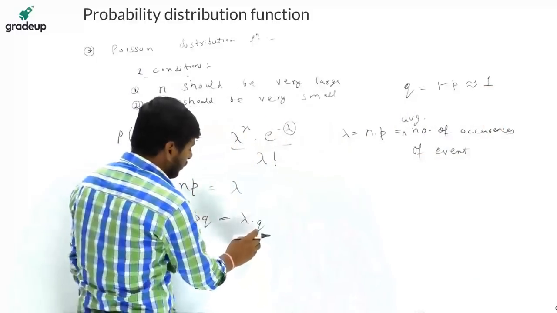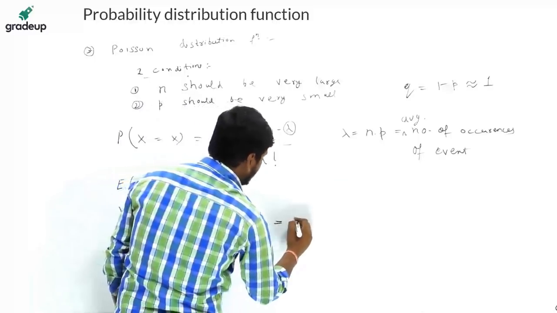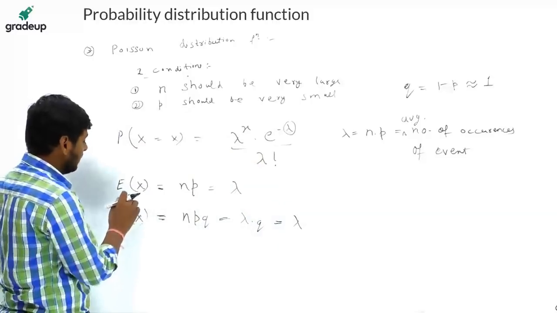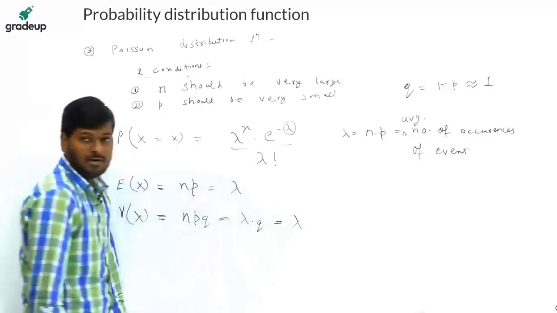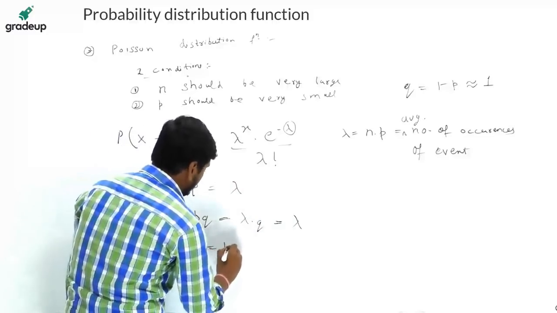So if q is approximately equal to 1, then this can be written as lambda only. So in the Poisson distribution function, mean is equal to variance is equal to lambda.